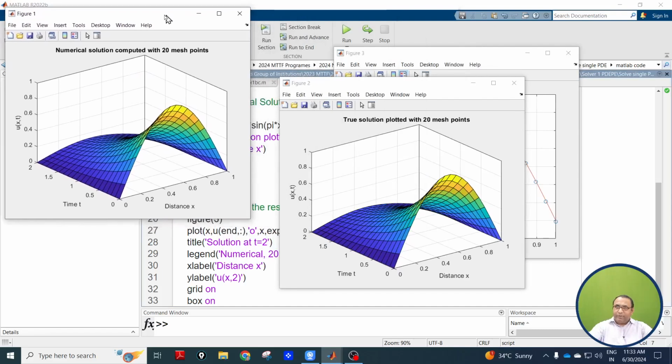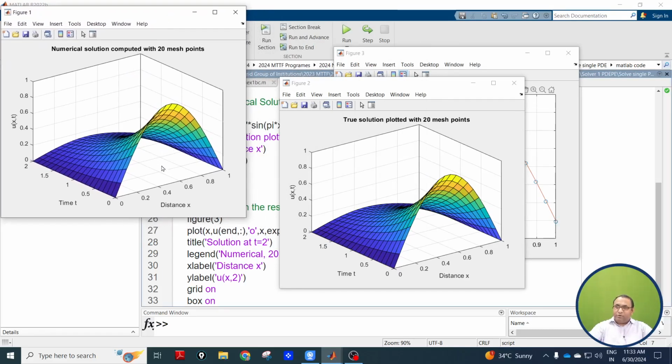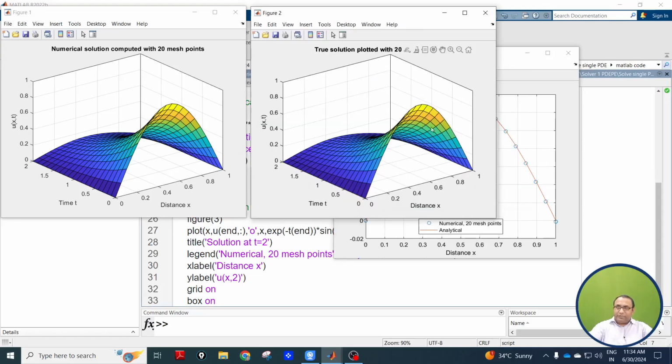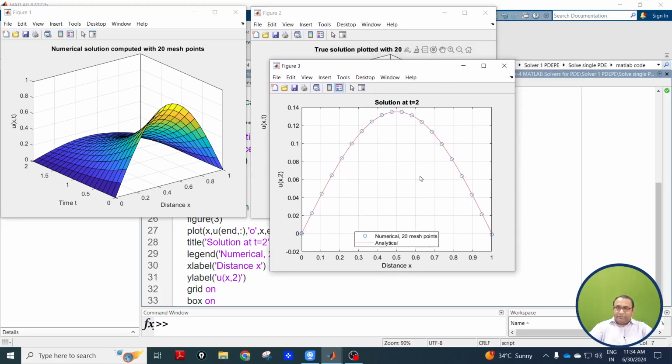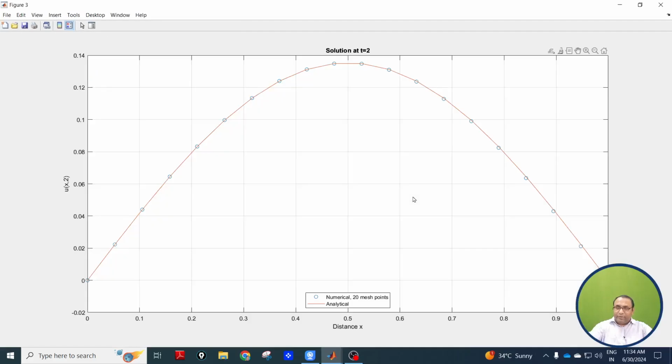This is the first graph, based on the numerical solution, and this is the second graph, which is the analytical solution. This is the third one, which is the comparison of the 2 solutions, and you can observe that there is no difference between the solutions. Both are absolutely the same, numerical and analytical.